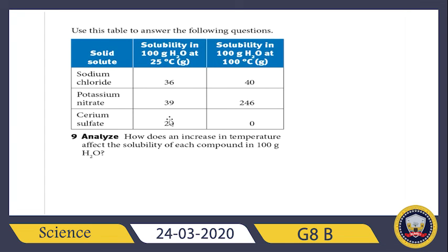So the question is, how does an increase in temperature affect the solubility of each compound in 100 grams of water? As we can see, for the first two solids, sodium chloride and potassium nitrate, the increase in temperature increased the solubility, while for the third compound, sodium sulfate, the increase in temperature resulted in a lower solubility.